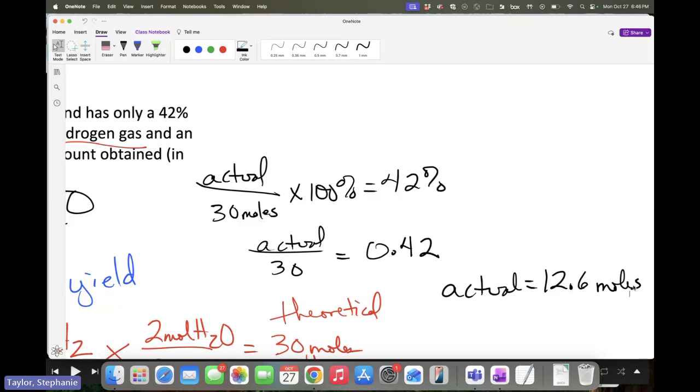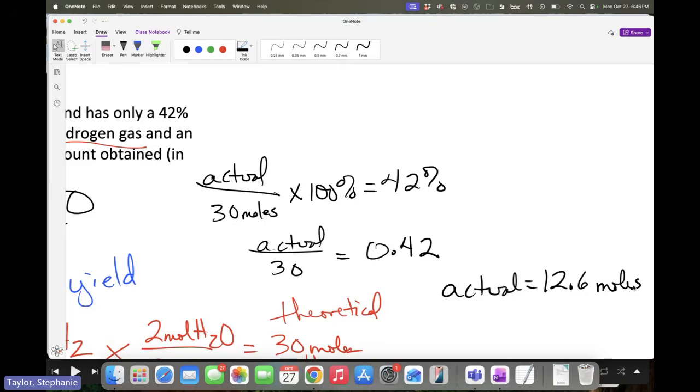And do notice, because percent yield has three pieces, actual, theoretical, and percent, you have to have enough pieces to calculate the thing.